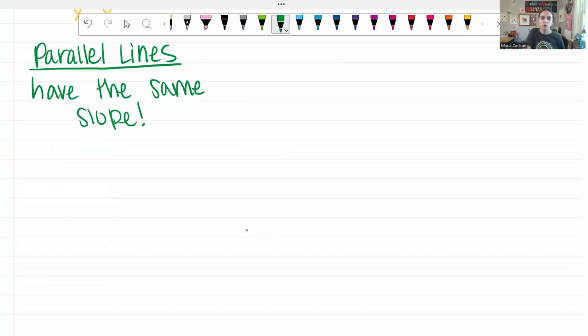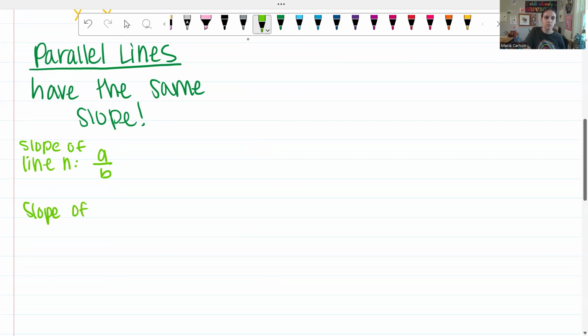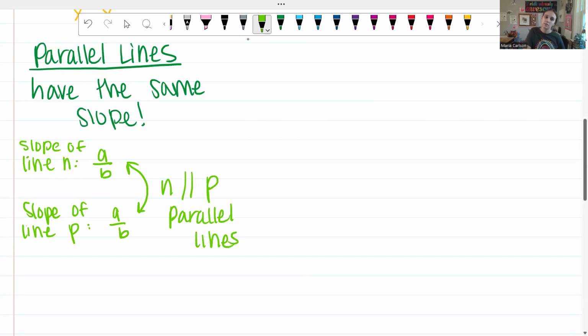So if you know line N has a slope of A over B, then if I know this other line, maybe this is P, is also A over B, because these two slopes are the same, N is parallel to P. They are parallel lines because their slopes AB is equal to AB.